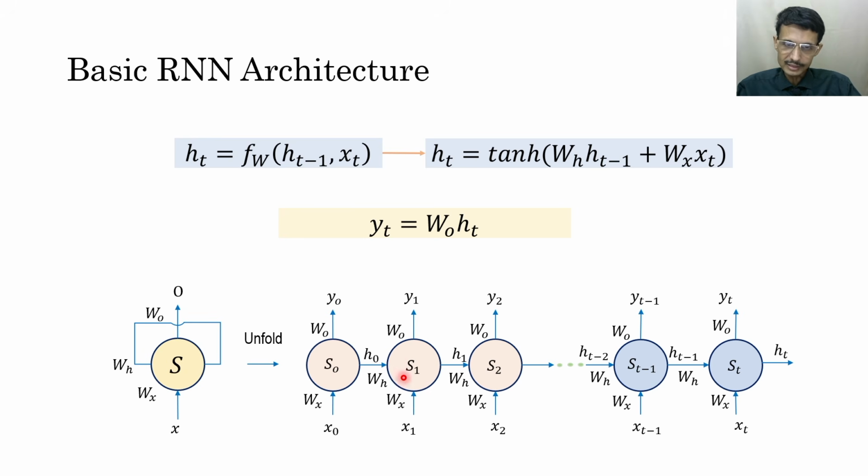So what we have to understand is that when calculating this state, there is some influence or contribution from the previous state. For example, if it is a sentence, when we model this word, there is some relation or influence from the previous word. That is important to understand.